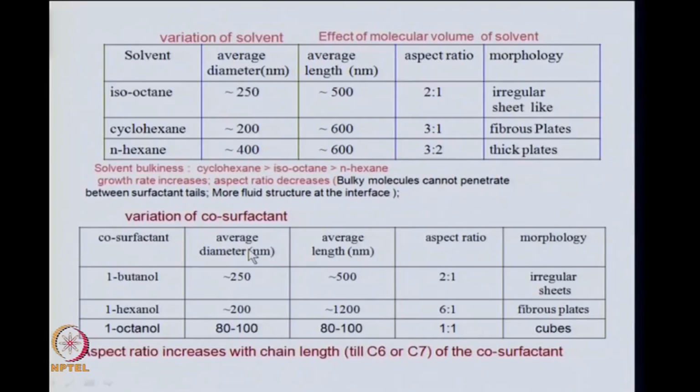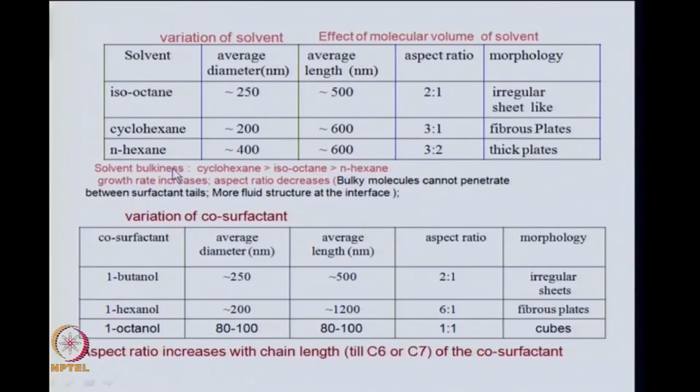So, to compare all of them, we have made this table where we are seeing variation of solvent, isooctane, cyclohexane and hexane, and you can see the average diameter and the average length and the aspect ratio and the morphology is changing depending on the type of solvent.